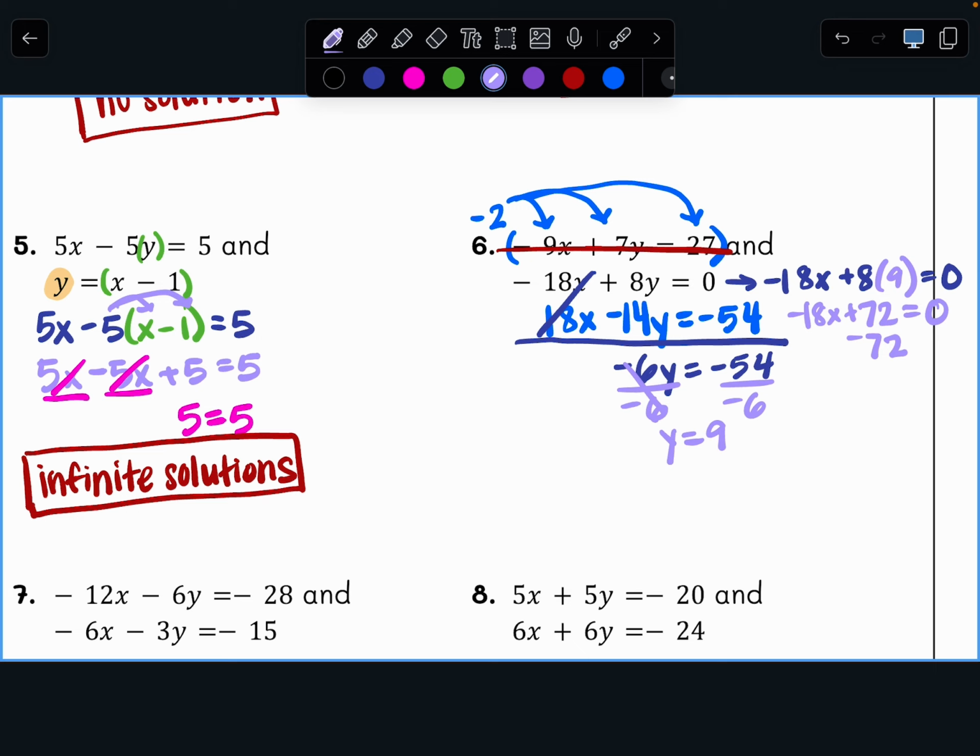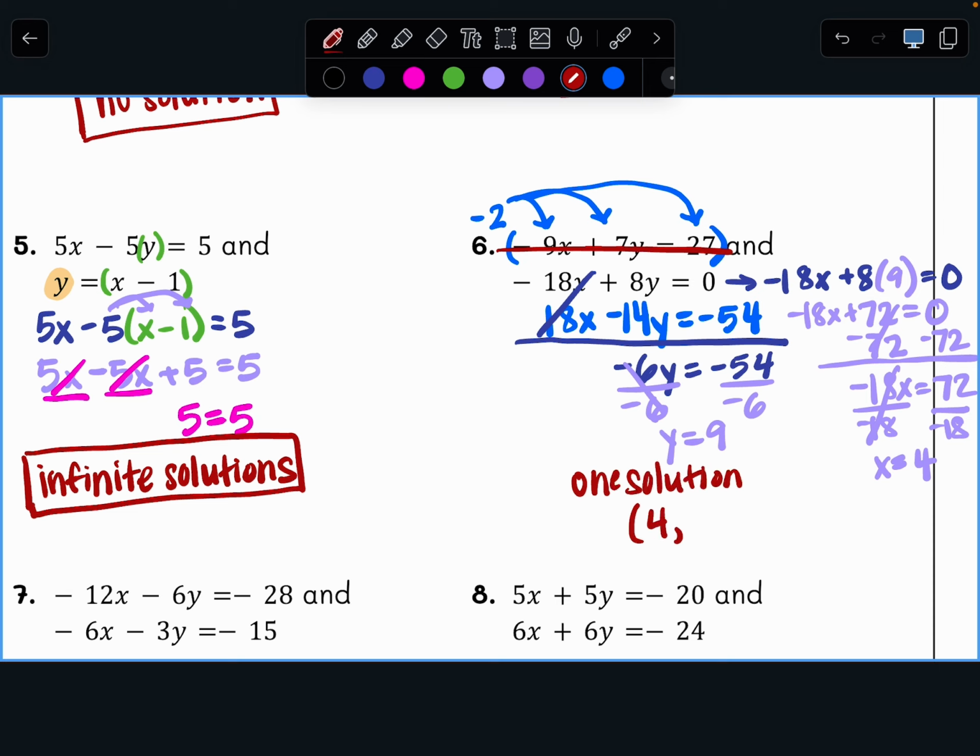Subtract 72. Negative 18x equals 72. Divide by negative 18. X equals 4. So there is one solution. And that solution is 4, 9.